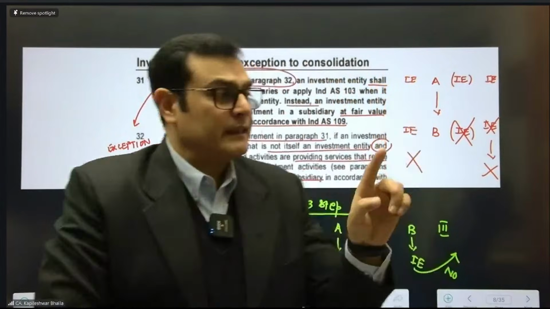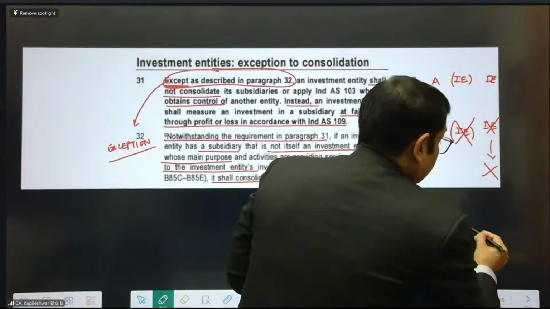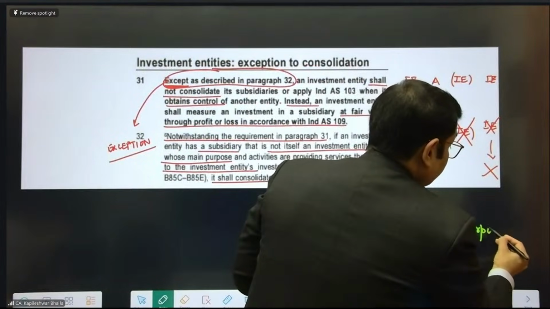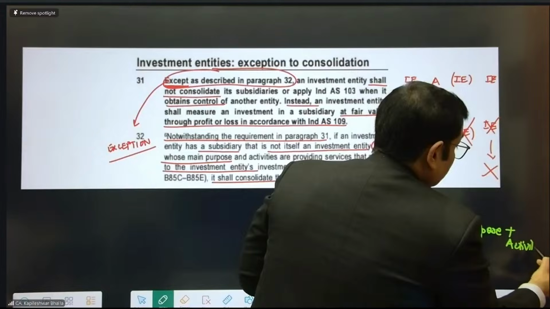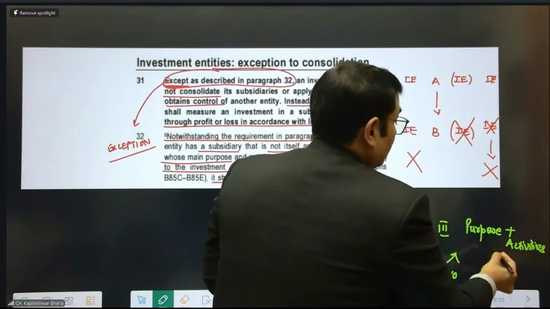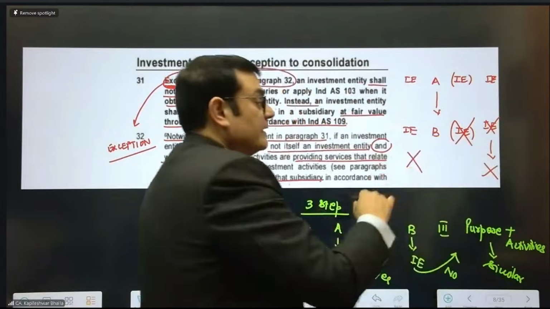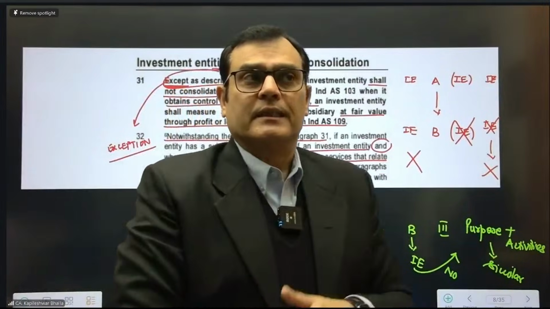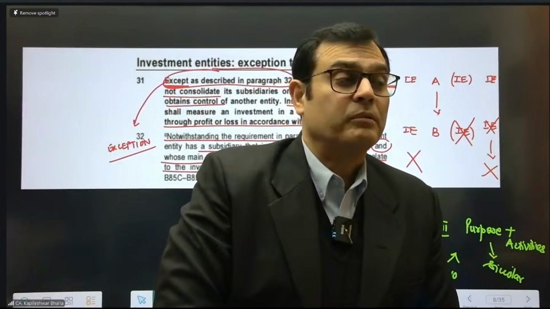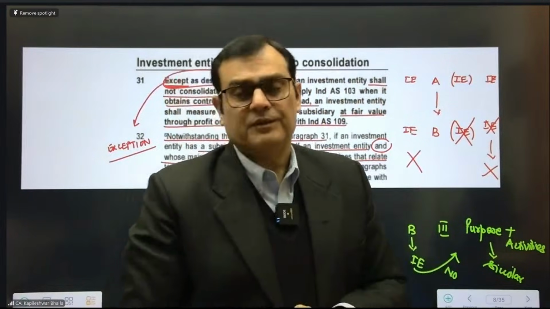If B is not an investment entity, you go to step 3, and now you see the purpose and activities. Now you decide the purpose and the activities of B Limited. Is it similar or is it not? You now need to see whether the purpose and activities of B are similar or not. Now you say yes, the activities are similar. Please consolidate. Activities are not similar, you can't consolidate.